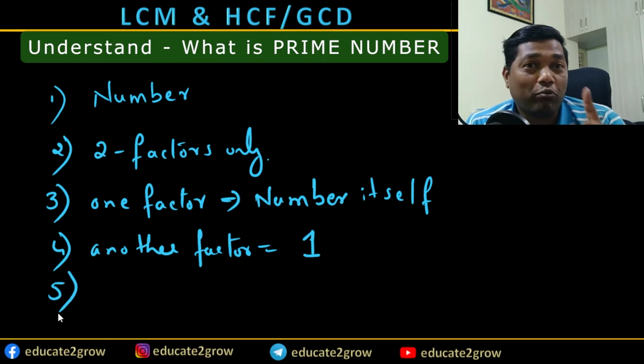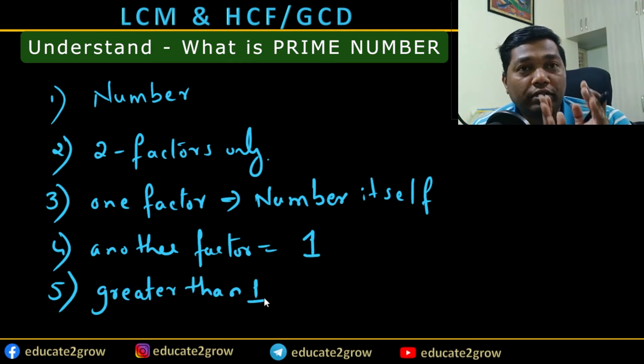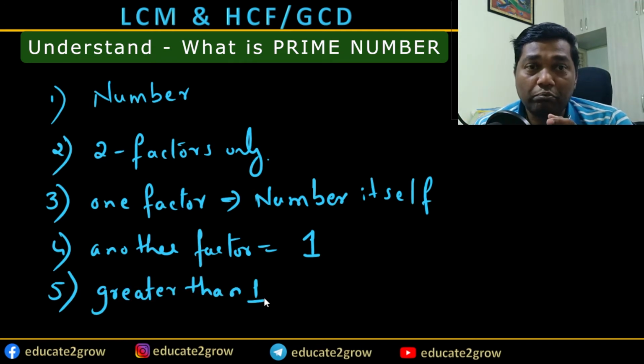Another important point is that it is always greater than 1. Any number which satisfies these conditions is a prime number.